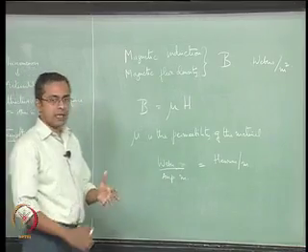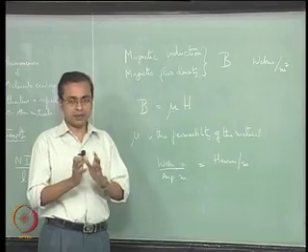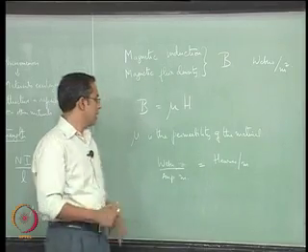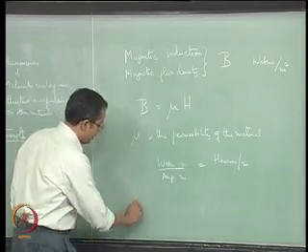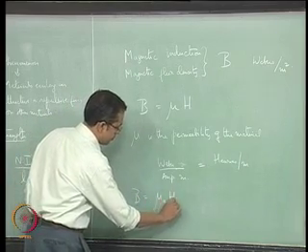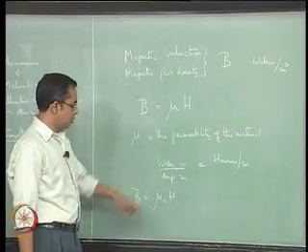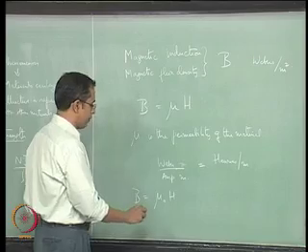Now supposing you do not have any sample and you just have vacuum, we can still talk in terms of a field that has been induced in that vacuum. And in that case we would call B as being equal to mu naught H, if you did not have a sample and you simply had vacuum in the middle of the coil, and this mu naught is then the permeability of vacuum.